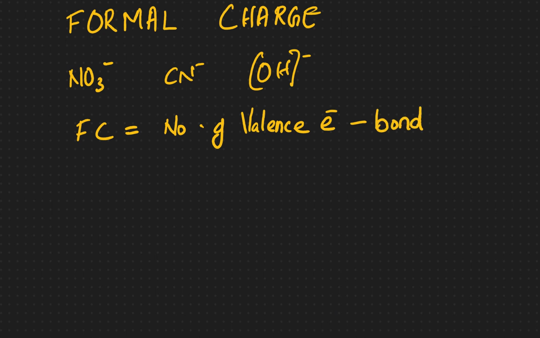Just count the number of lines, and the number of dots, that is electrons that do not participate in the reaction. So I will write clearly: number of valence electrons minus number of bonds minus number of dots.